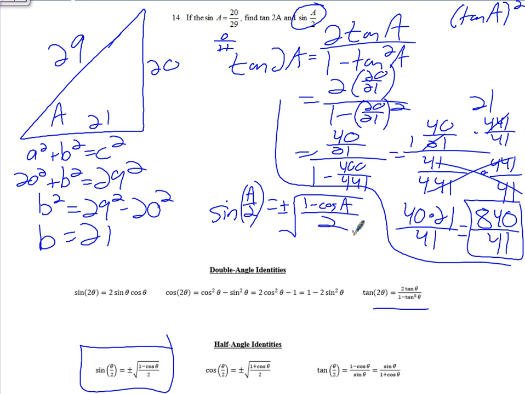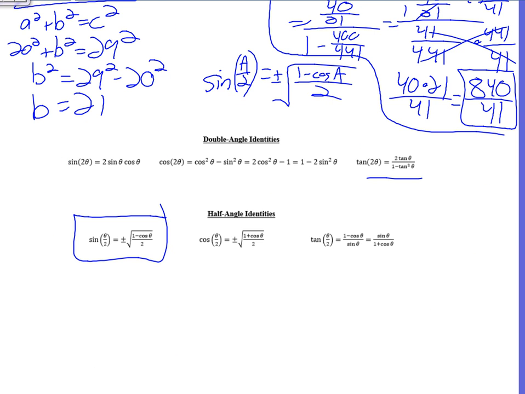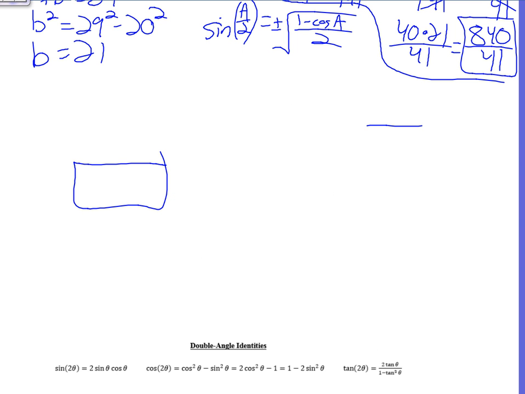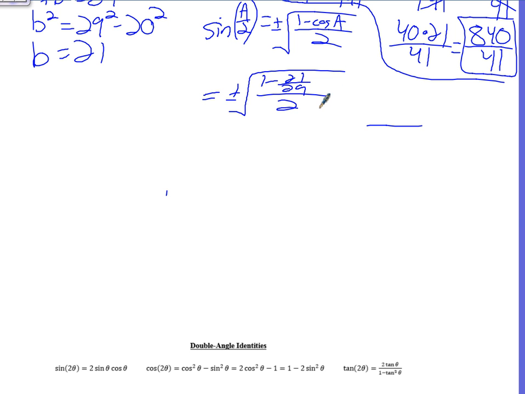Cosine A is 21 over 29. So I would get plus or minus the square root of 1 minus 21 over 29 over 2. Again, this is over 1. I want to multiply by the reciprocal, 1/2.